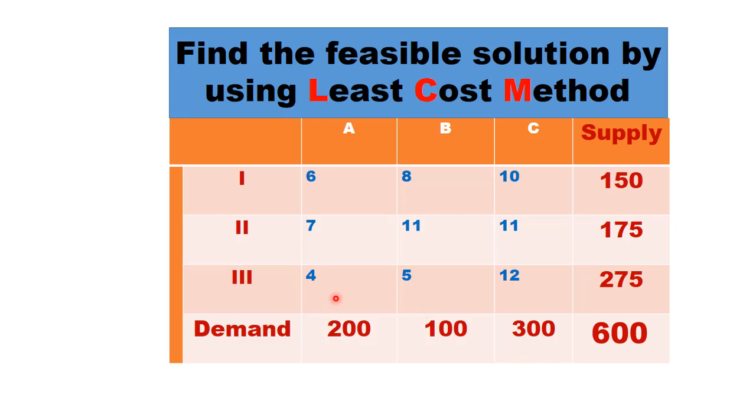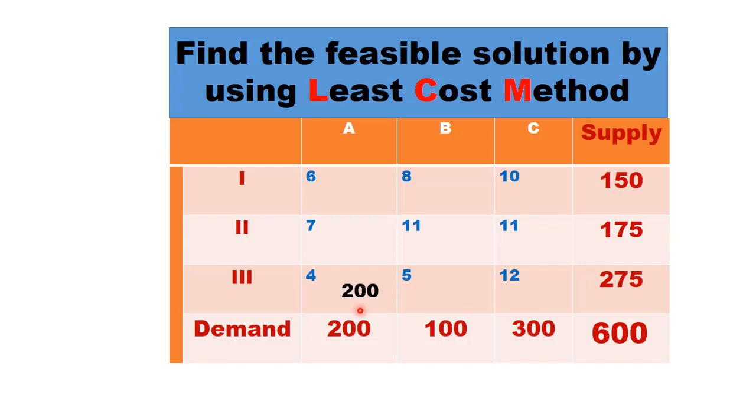See the demand and supply values for this cell. The supply units are 275 and the demand units for this cell are 200. Of 275 and 200, 200 is the minimum, so we can allocate 200 units to this cell.